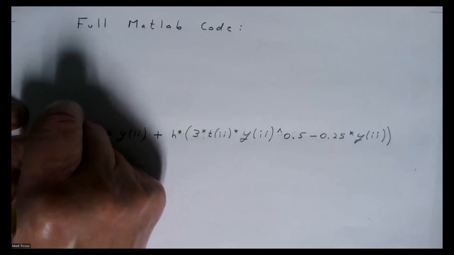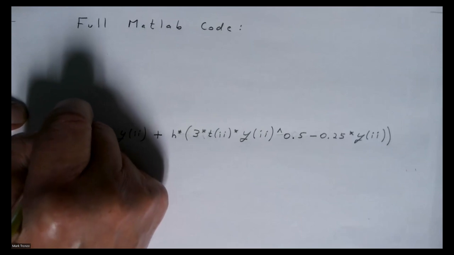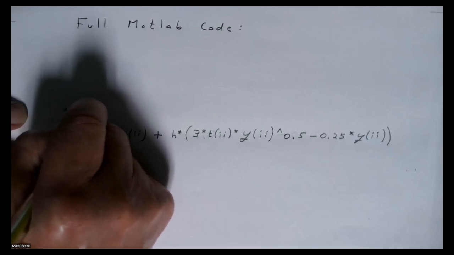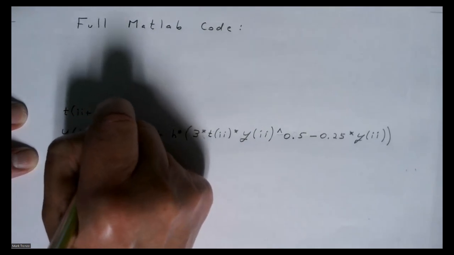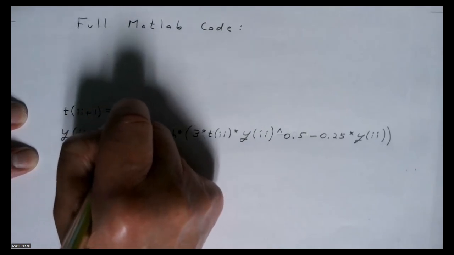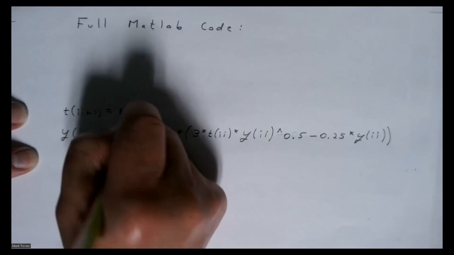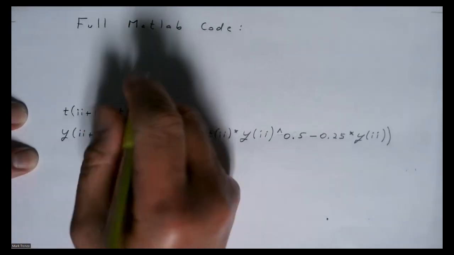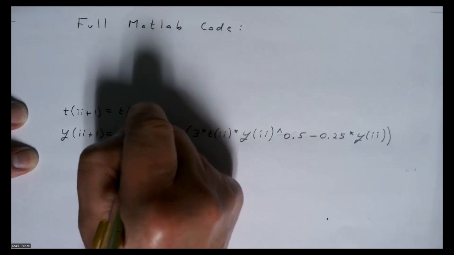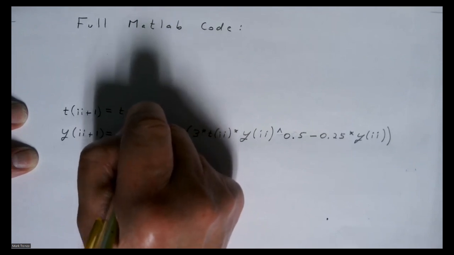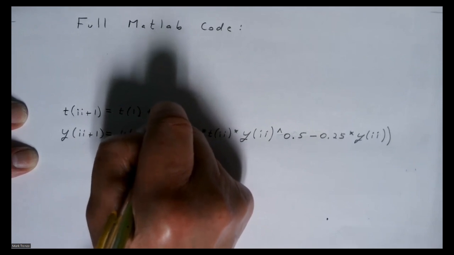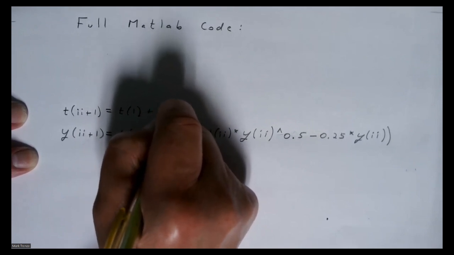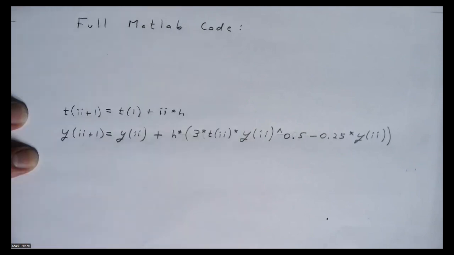So let's do t of I plus 1. And we're going to start with our initial value and say plus I times h.